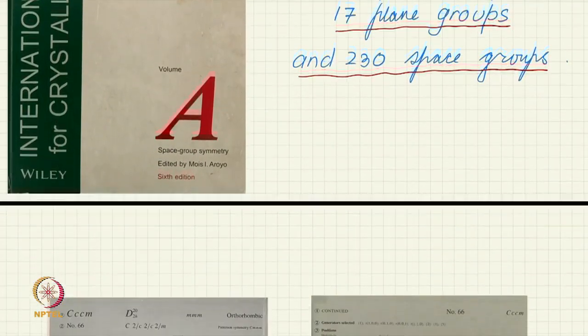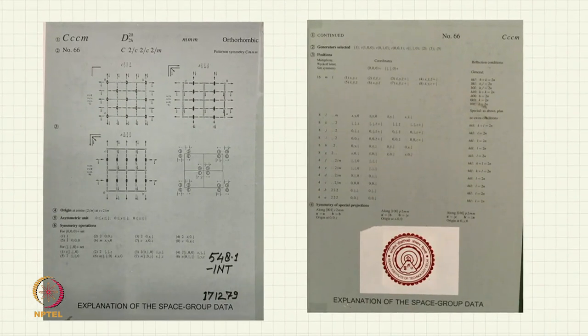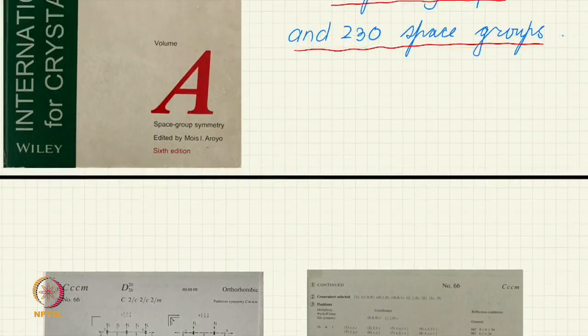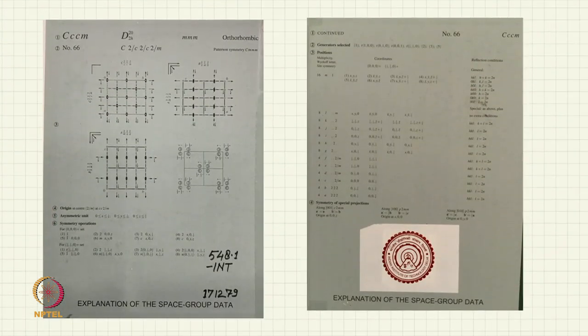So, let us open this book and look at some page. In fact, the book itself has a guide to read the tables, and these pages are taken from that guide. They are in the inside cover of that book. So, here a particular space group, in this case, is space group numbered 66.